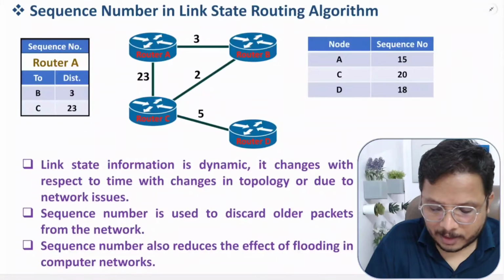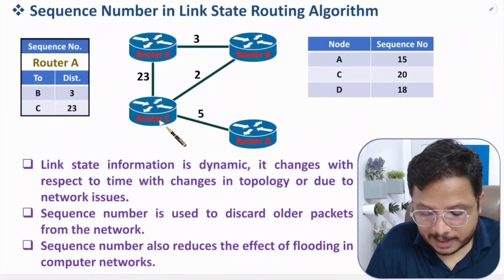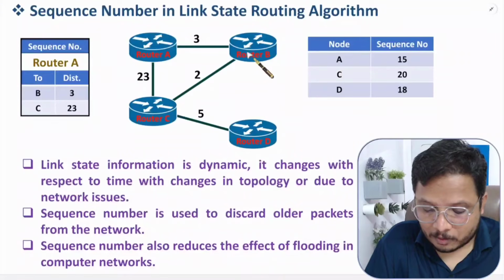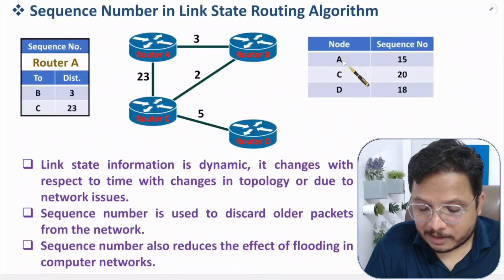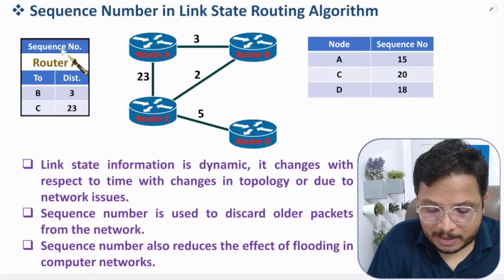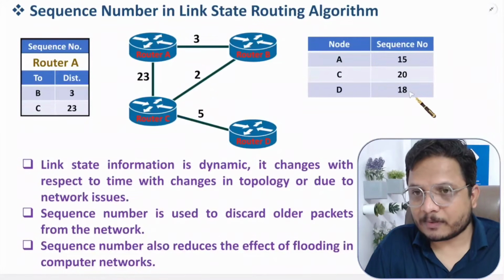See here, for example, right now with router B, link state information of A, C and D is available. You can see over here in the table. So with router B, node A link state, node C link state and node D link state is available. With that, here I am mentioning sequence numbers. Let us say these are 15, 20 and 18.